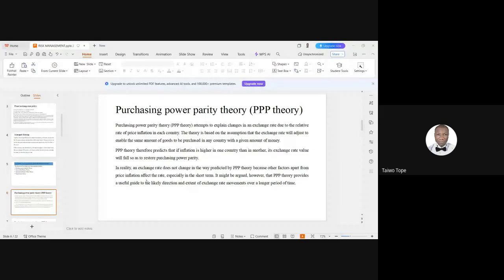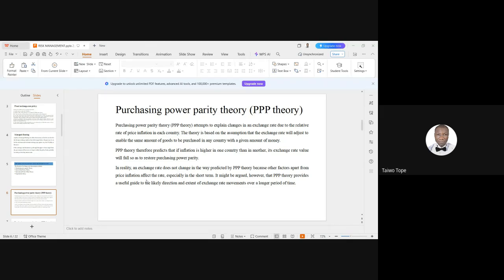In the short term, the purchasing power parity theory provides a useful guide in terms of providing direction and a level of exchange rate movement over a longer period of time.